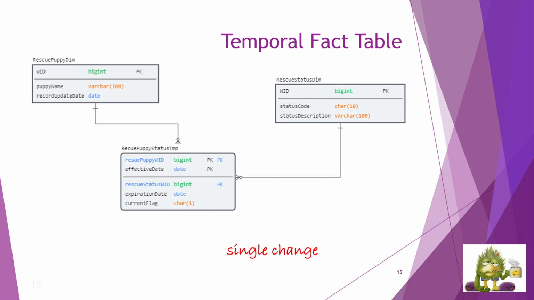I want to talk about one last thing, and that has to do with what I call the temporal fact table. Occasionally, what you're looking at is not all of your records being tracked from a history standpoint. Sometimes there's only one element that is important within your history.